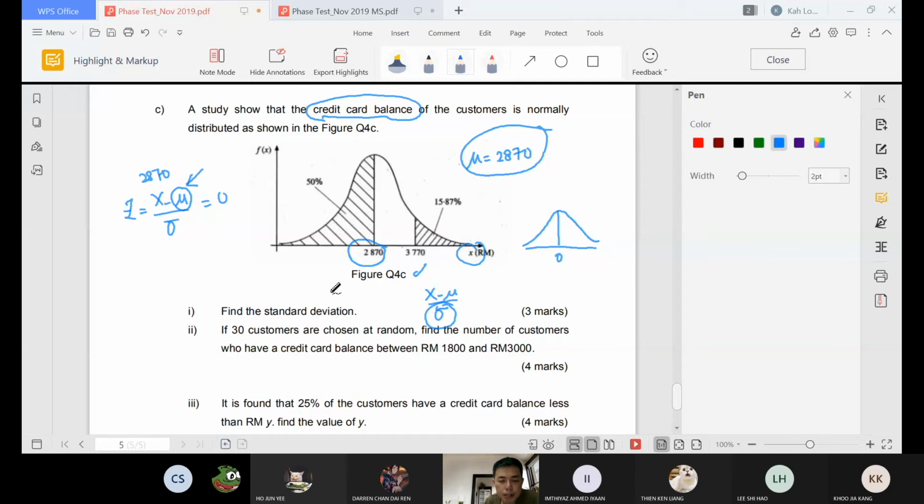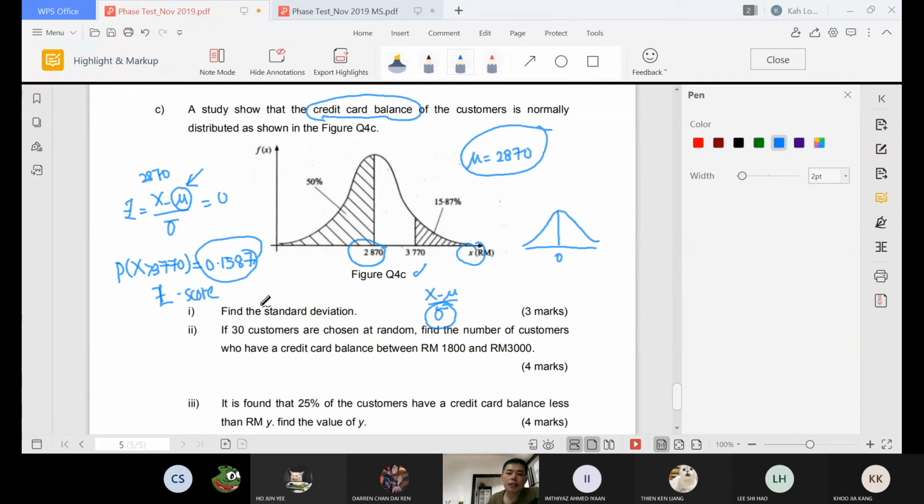Now you see the question itself. P(X more than 3770), your probability will be 15.87, right? So it's 0.1587. Okay, so this is actually, I tell you the probability, you tell me the z-score.